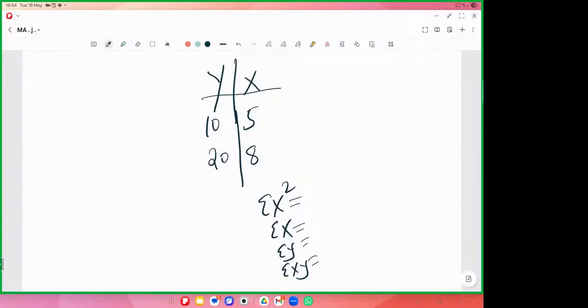So from the calculator, what are we going to have here?